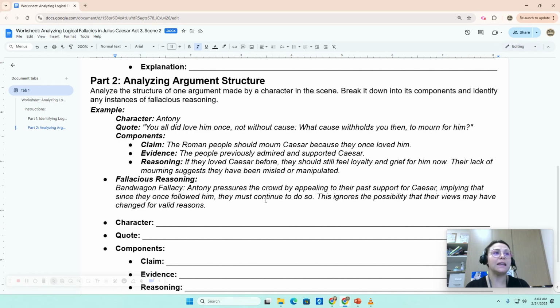So he's implying that since they followed him, they must continue to love Caesar and they can't change their mind. And this ignores the possibility that they maybe have valid reasons. So it can be both.